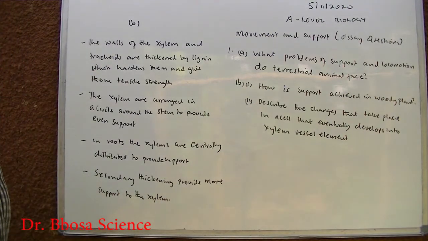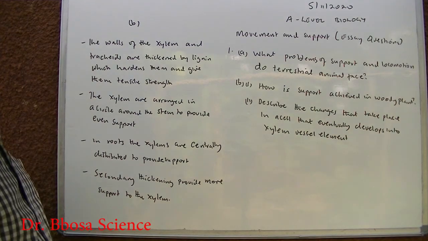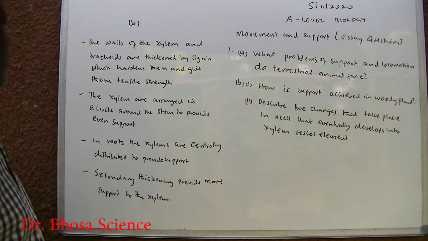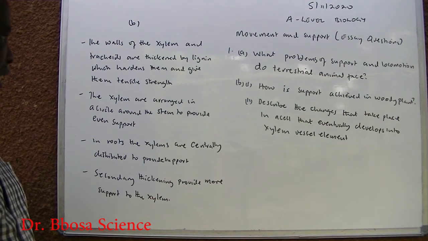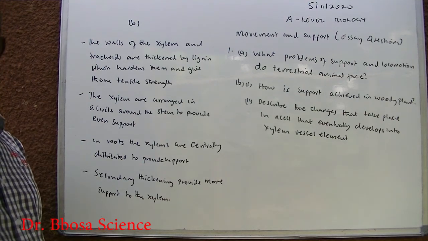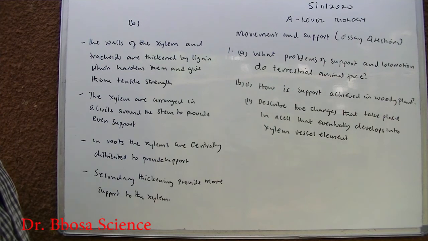1B, part 1. How is support achieved in woody plants? 1. The walls of the xylem and tracheids are thickened by lignin, which hardens them and gives them tensile strength. 2.